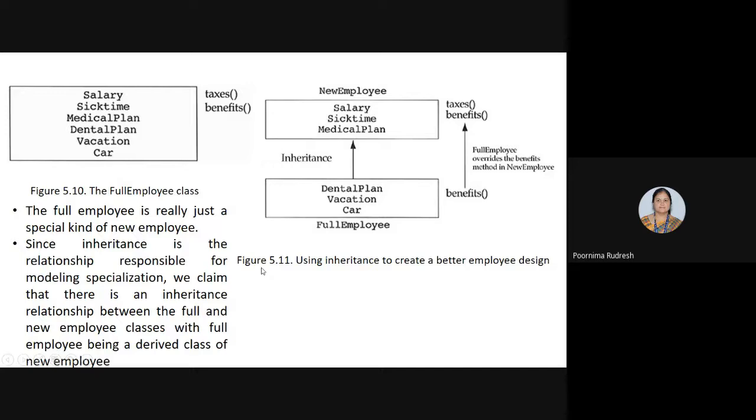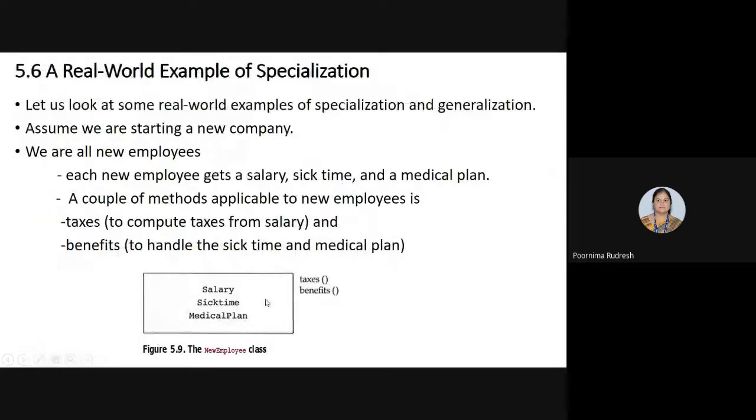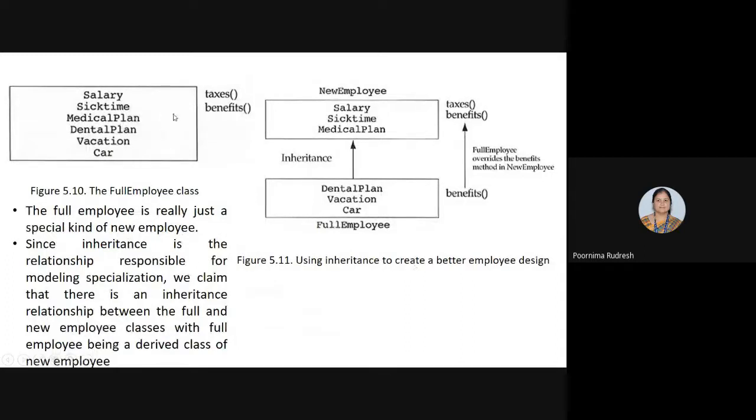This is the basic new employee class. From that, we have created one more class called the full employee class, which is treated as a special kind of new employee class. So the new employee class becomes the base class and the full employee class is the derived class.